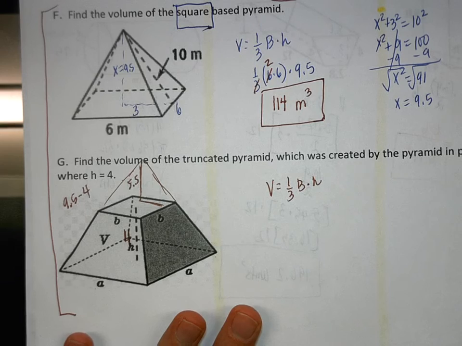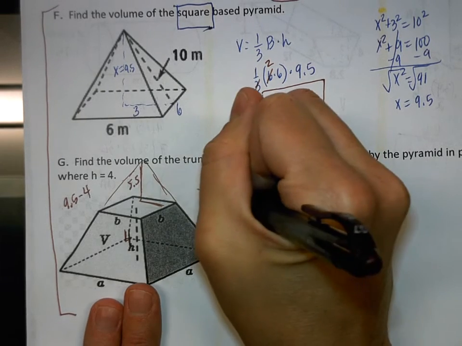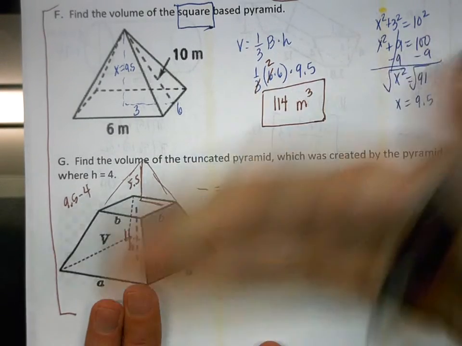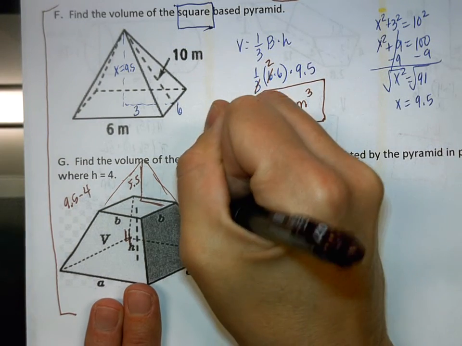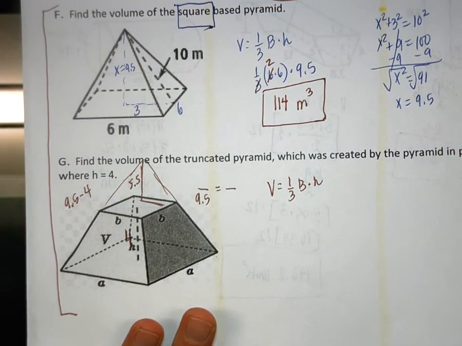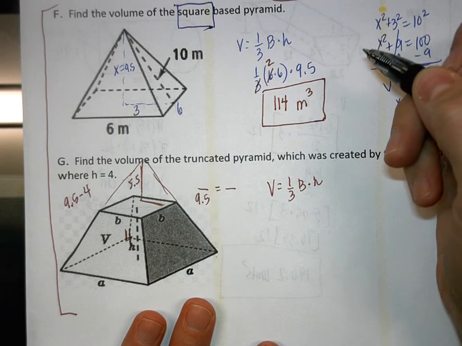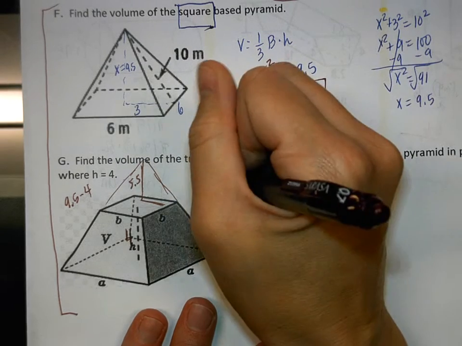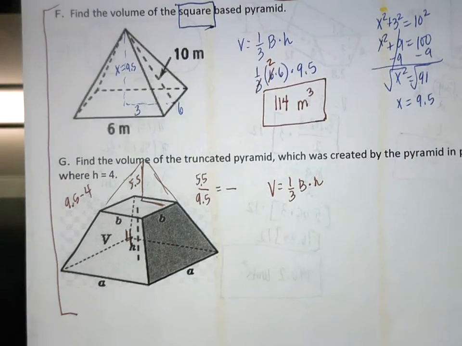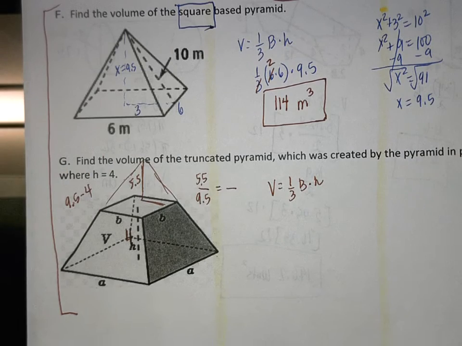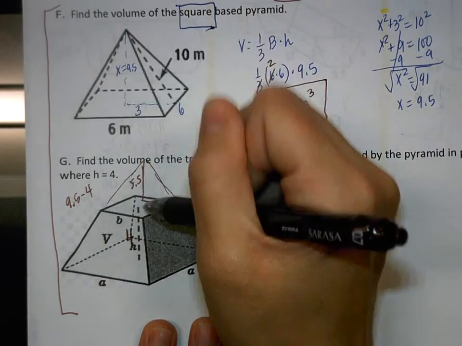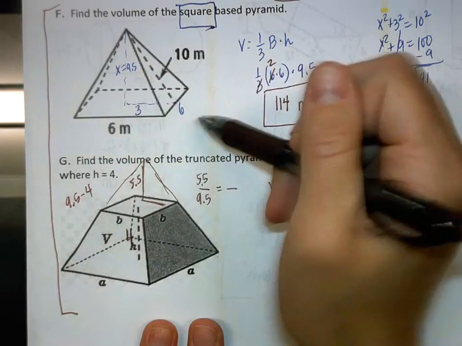9.5. Good. And so if I'm writing a proportion, it doesn't matter where you put it, but I'm going to go 9.5 on the bottom. It could go on the top, it doesn't really matter. And in relation, what is the smaller one for the height? 5.5. Okay? Now on the base, and it's up to you, we could actually use the whole base if you want to, or we could use half, but why don't we just use the whole base? Is that okay?